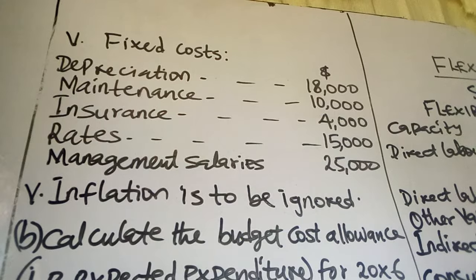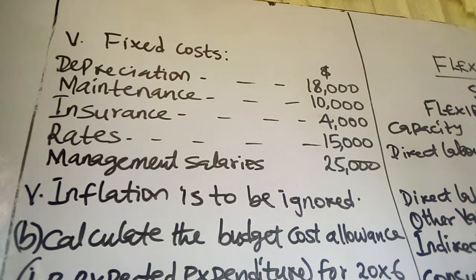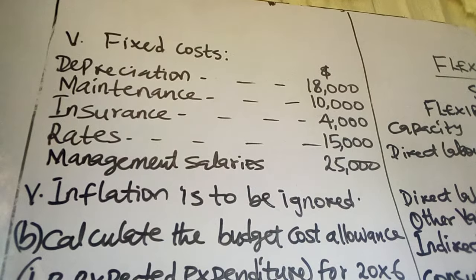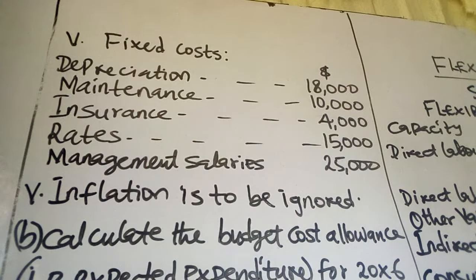You were given the fixed cost to include depreciation of 18,000, maintenance of 10,000, insurance of 4,000, rates of 15,000, and management salaries of 25,000. So you want to consider the fixed cost.